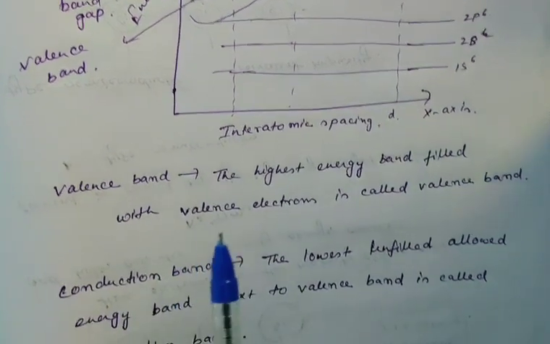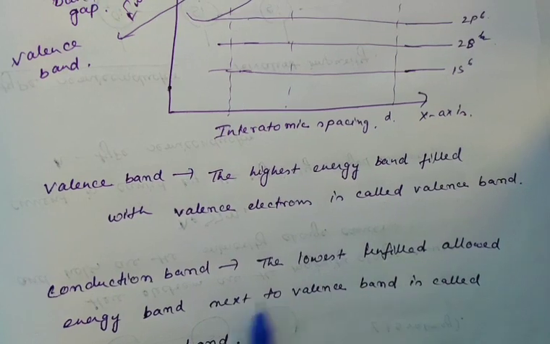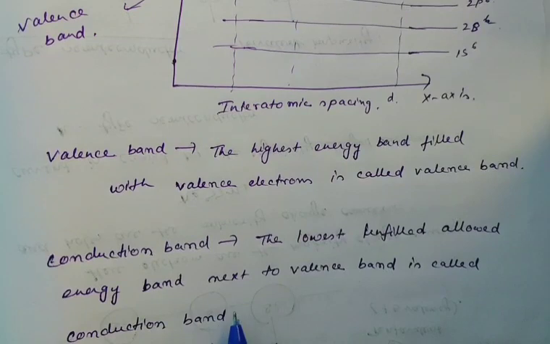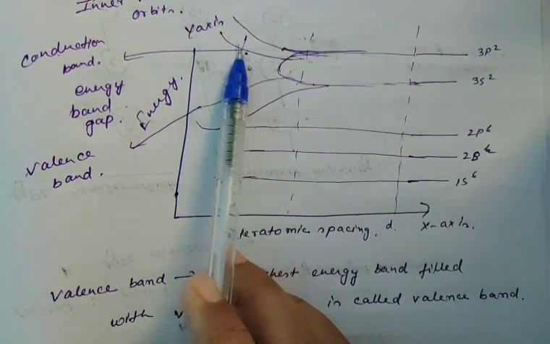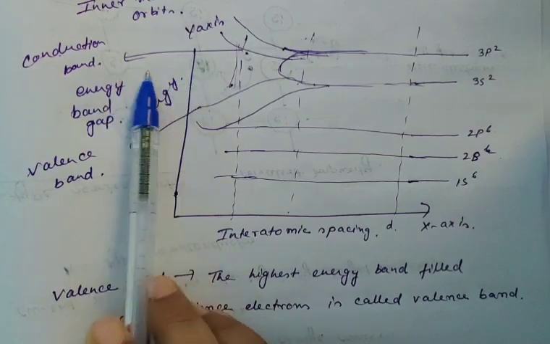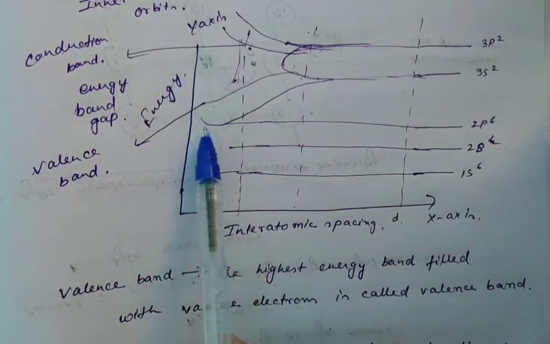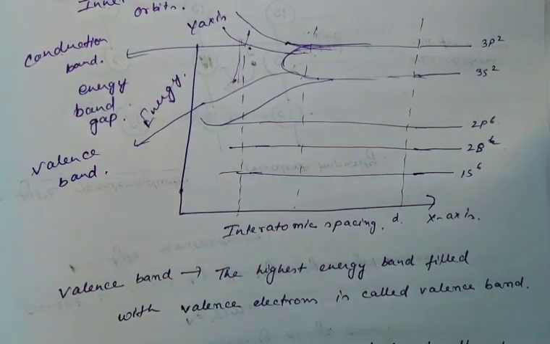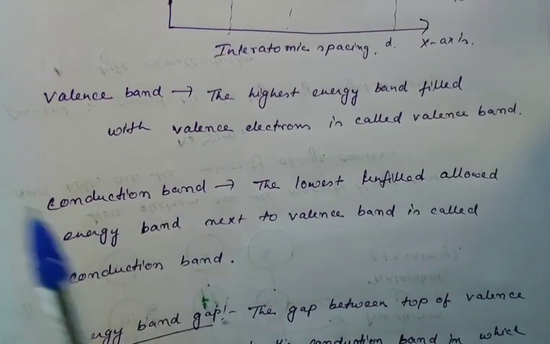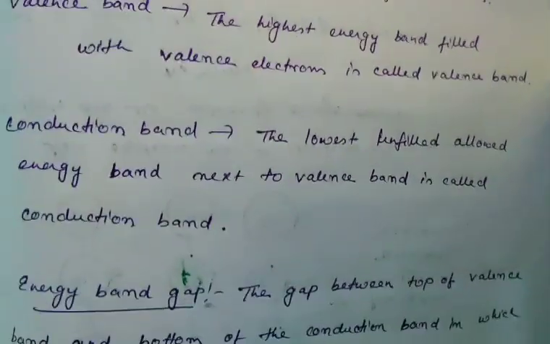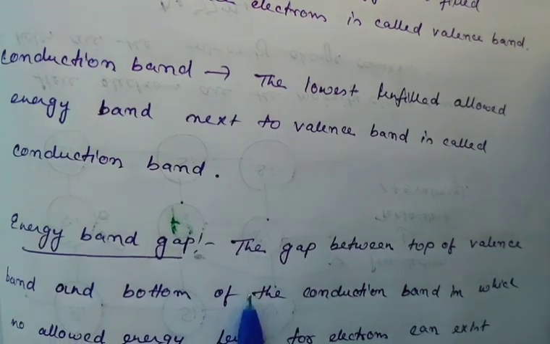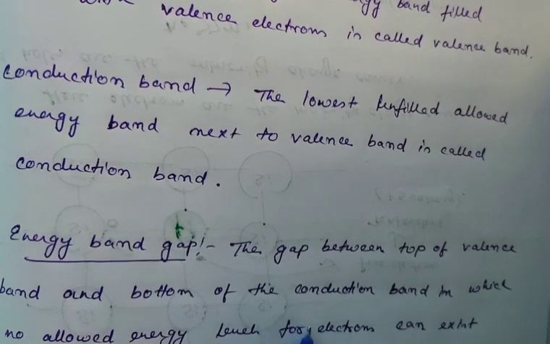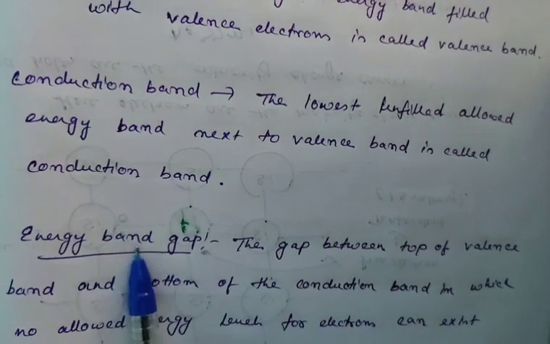And the lowest unfilled allowed energy band next to the valence band is called the conduction band. And the gap between the top of the valence band and the bottom of the conduction band, in which no allowed energy levels for electrons can exist, is called the energy band gap.